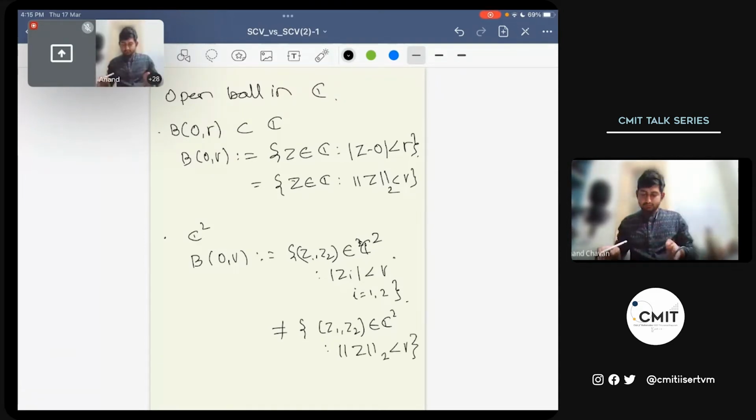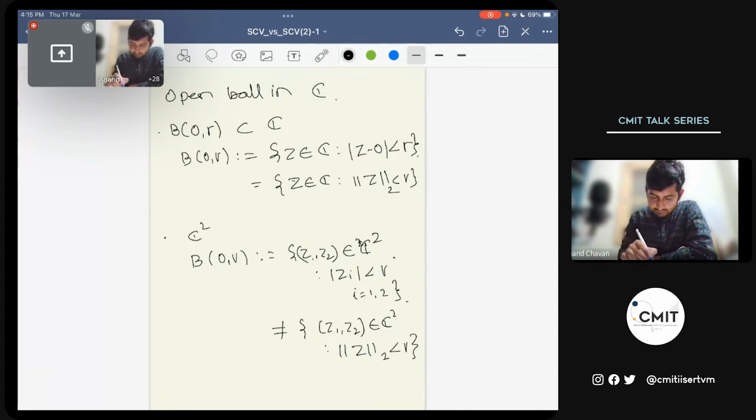These two are not equal in the sense they don't represent the same set. So we call this set the first set. Sorry, that was a mistake here.